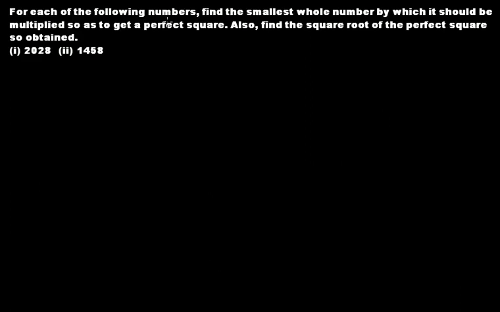For each of the following numbers, find the smallest whole number by which it should be multiplied so as to get a perfect square. Also, find the square root of the perfect square so obtained. Now here, whenever you are dealing with such questions, where you have to multiply or divide by a certain whole number so that the resultant number is a perfect square, always use the prime factorization method.